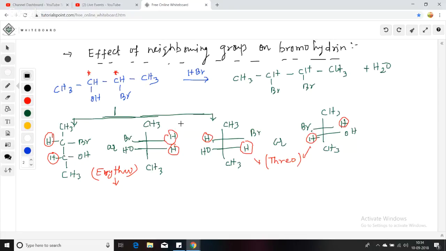So if the structure is this, then this OH will be replaced by Br, and this OH will also be replaced by Br.